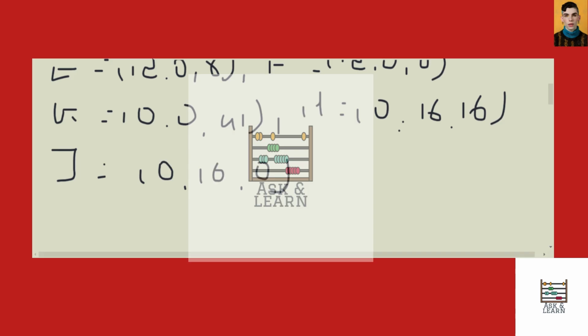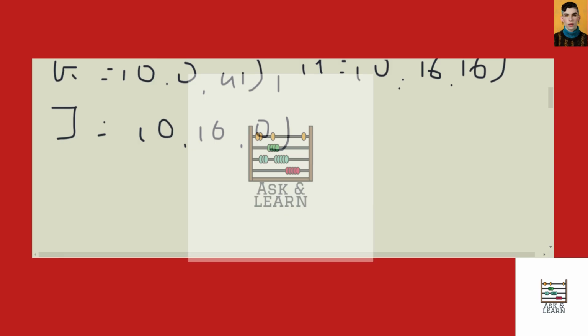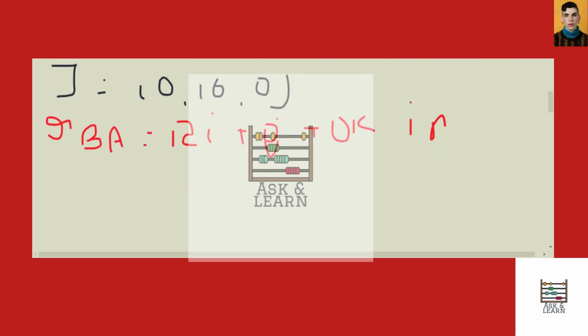Now apply the equilibrium equation. First, we need to locate each point with respect to A. So we can write RBA is equal to 12I plus 0J plus 0K inch. RDA is equal to 12I plus 0J minus 16K inch.